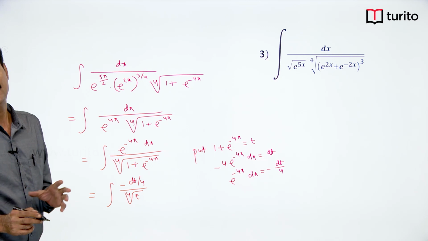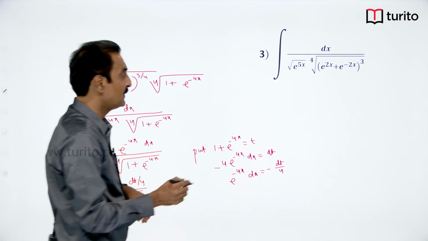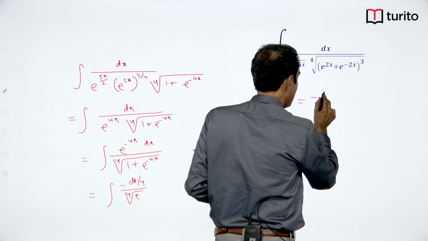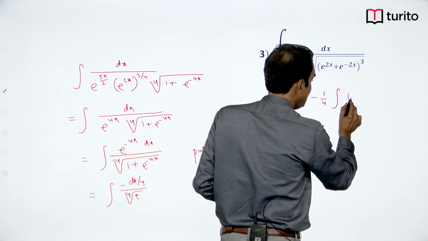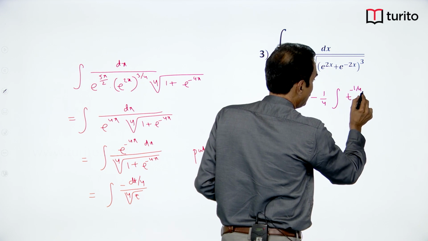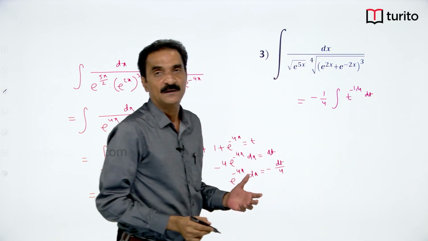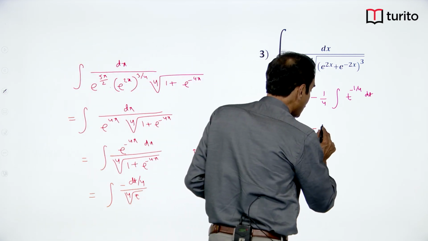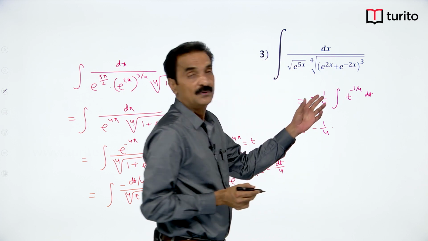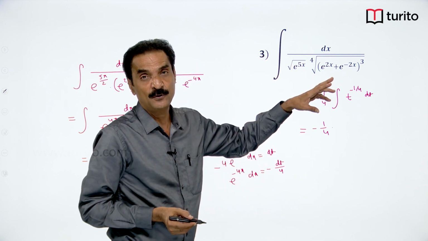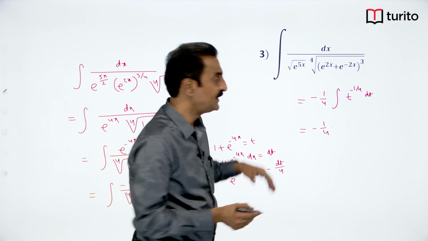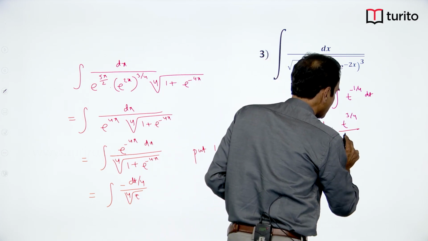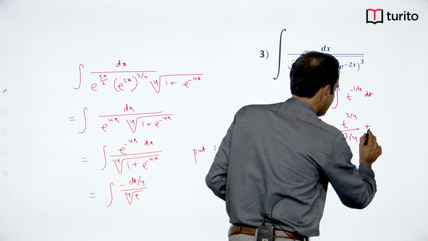1 by fourth root of t is nothing but t power minus 1 by 4. It is minus 1 by 4 into integral t power minus 1 by 4 dt. What is the integral? Minus 1 by 4 into t power minus 1 by 4 plus 1, that is t power 3 by 4 by 3 by 4, plus c.